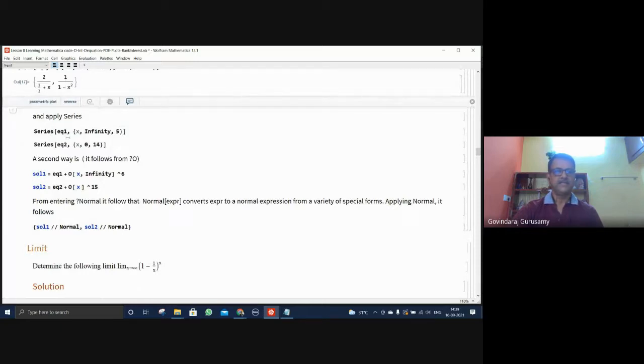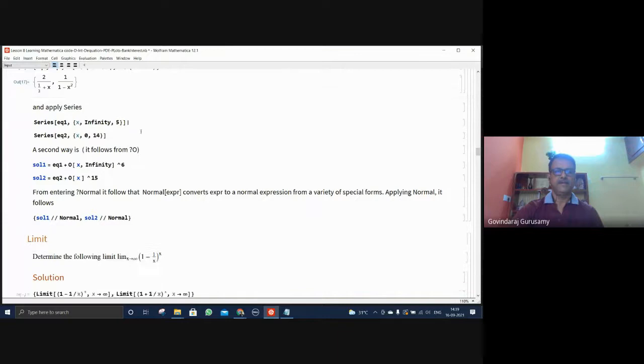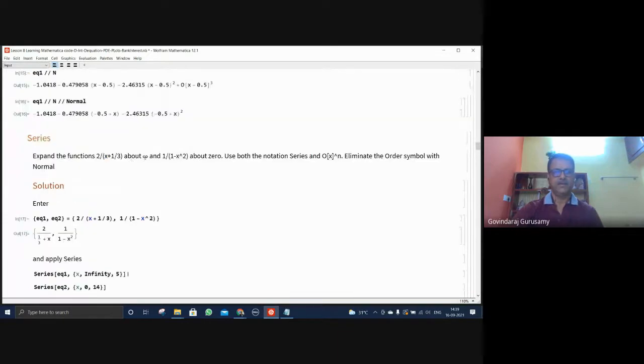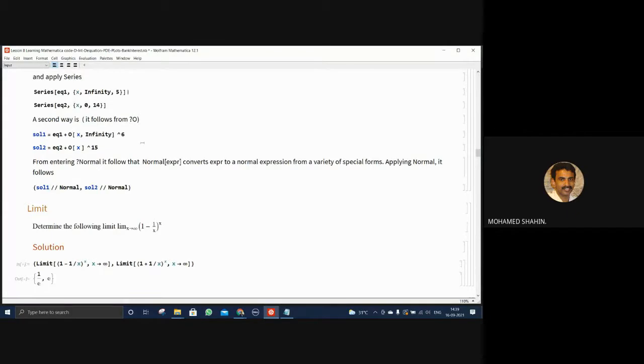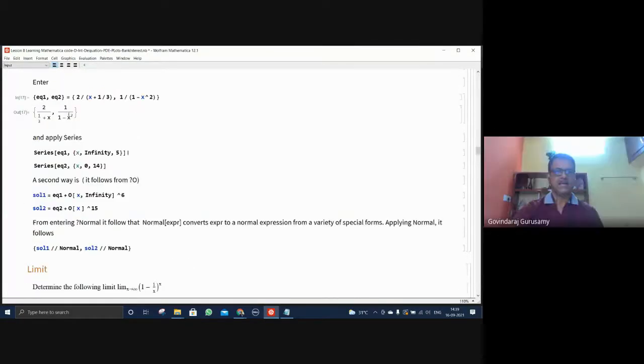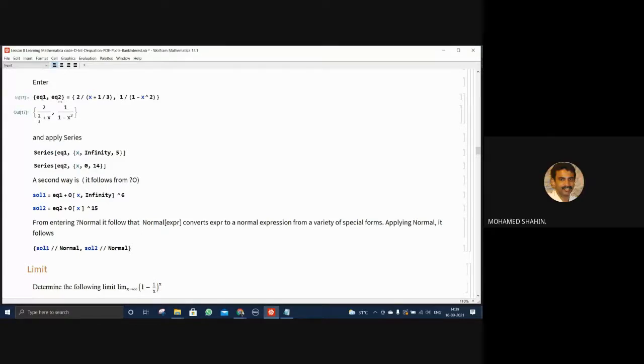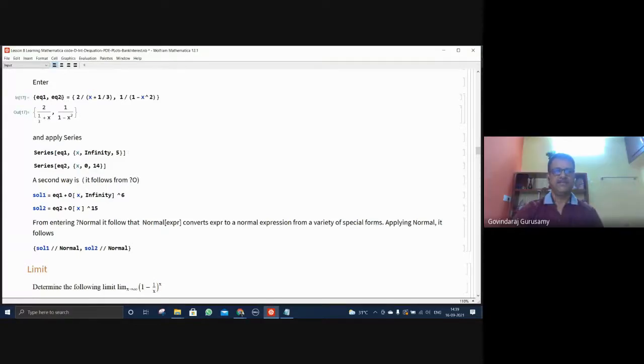Now see this equation 1, about infinity. Now the black color has disappeared, and the blue color disappears. Both have been redefined now.